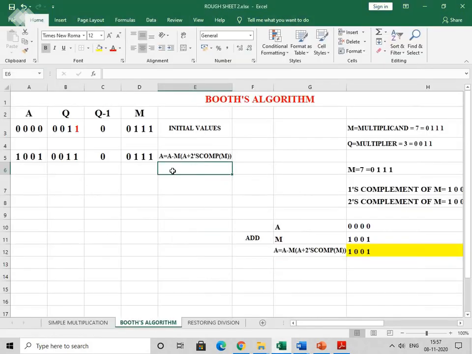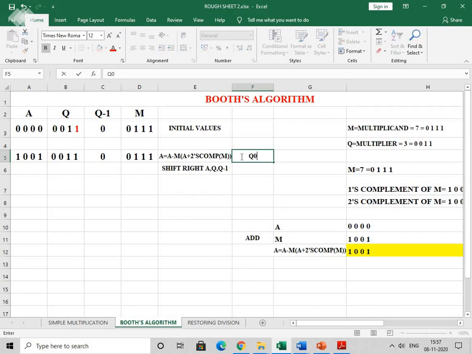So here, shift right A, Q, Q minus 1, right? So why have we done this subtraction? Because Q0 was equal to 1 and Q minus 1 was equal to 0, right? So therefore we have done the subtraction.